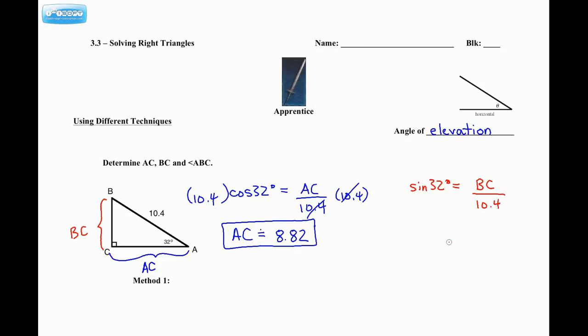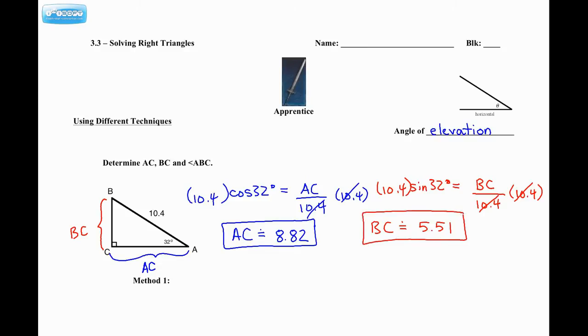Right? So it's actually pretty much the same as the last one, only we're using sine instead of cos. That's okay. All right, so 10.4 times the sine of 32 is approximately 5.51 to the nearest hundredth.